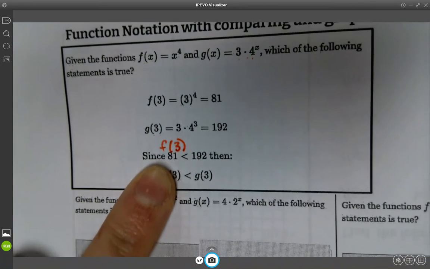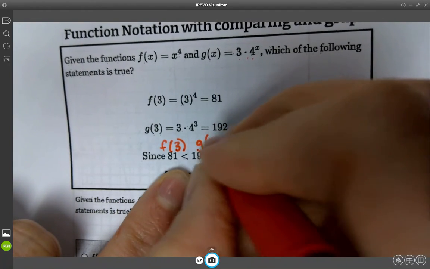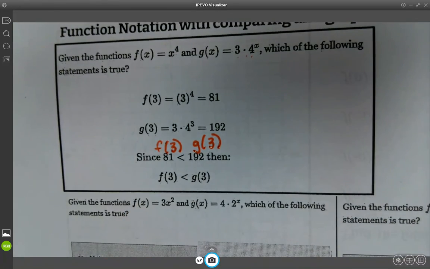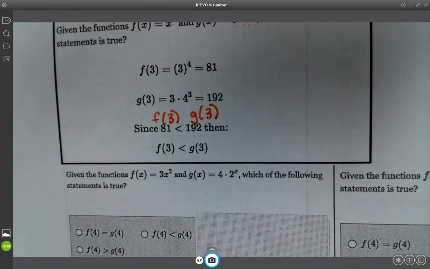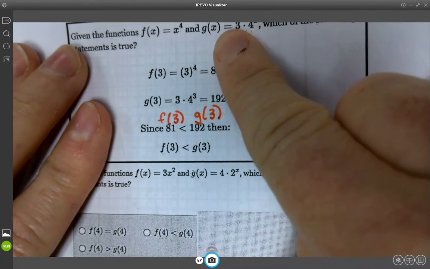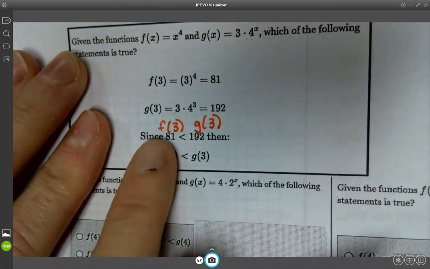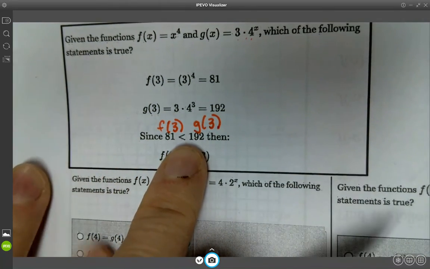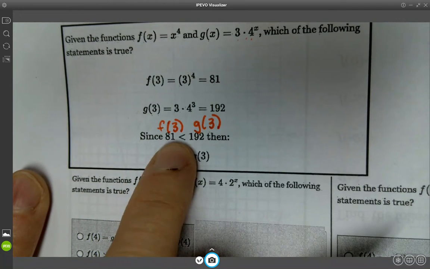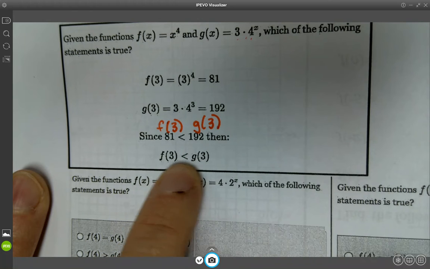F of 3 is 81. The 192 is our g of 3. So we're going to know how they compare to each other because they're the same x value, but they have different functions. One function is x to the 4th power. The other function is 3 times 4 raised to the x. And so you use an inequality to compare them. So 81 is less than 192. So that means f of 3 is less than g of 3.